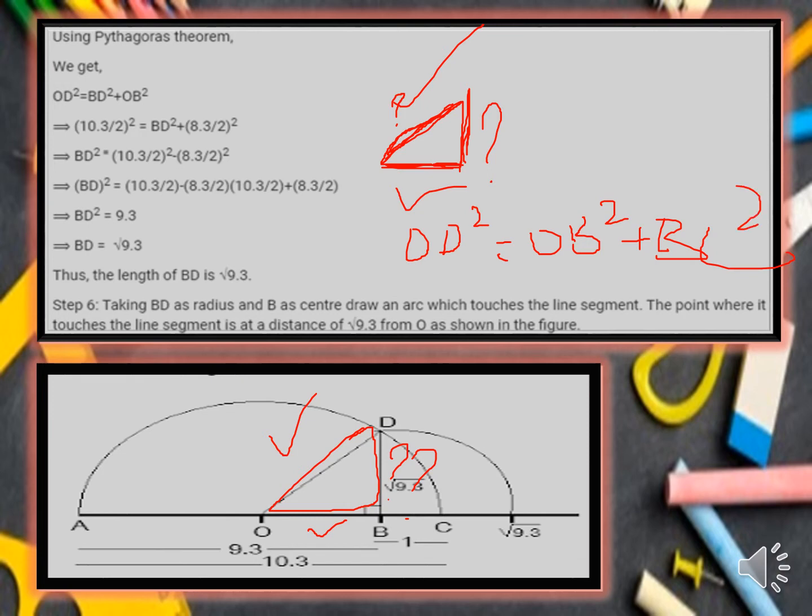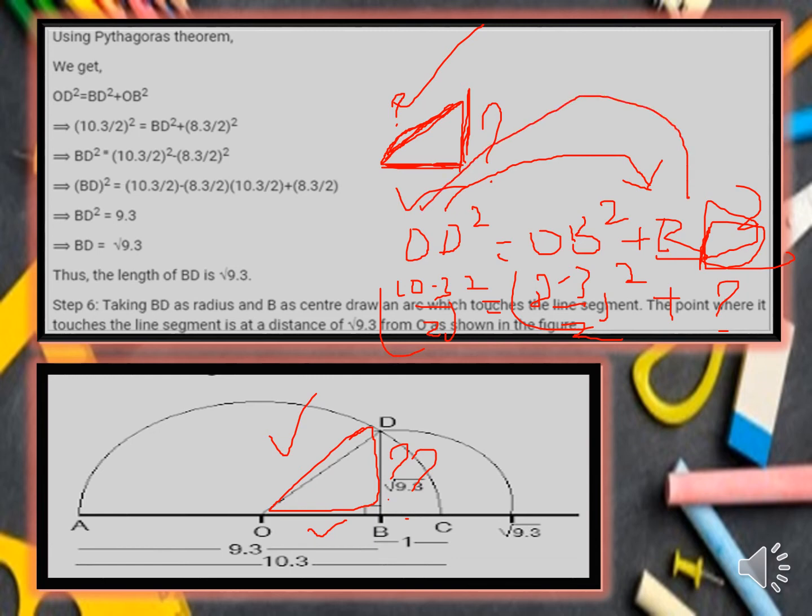So let's substitute the values of OD square, that is 10.3 by 2 the whole square, equal to OB square, that is 8.3 by 2 the whole square, plus BD square, sorry this is BD, we don't know. So what we are going to do is we are going to bring in this OD square and this BD square is going to come out.